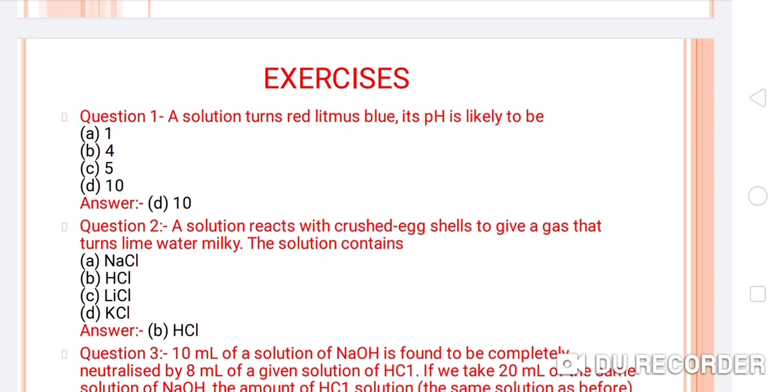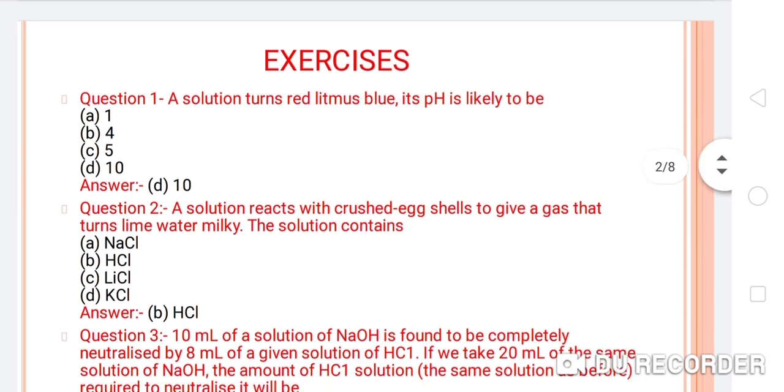So 10 is the answer, because a pH of 10 indicates a basic solution, and when we dip red litmus paper in it, it turns blue. This is the answer for this question. Now come to question number 2.